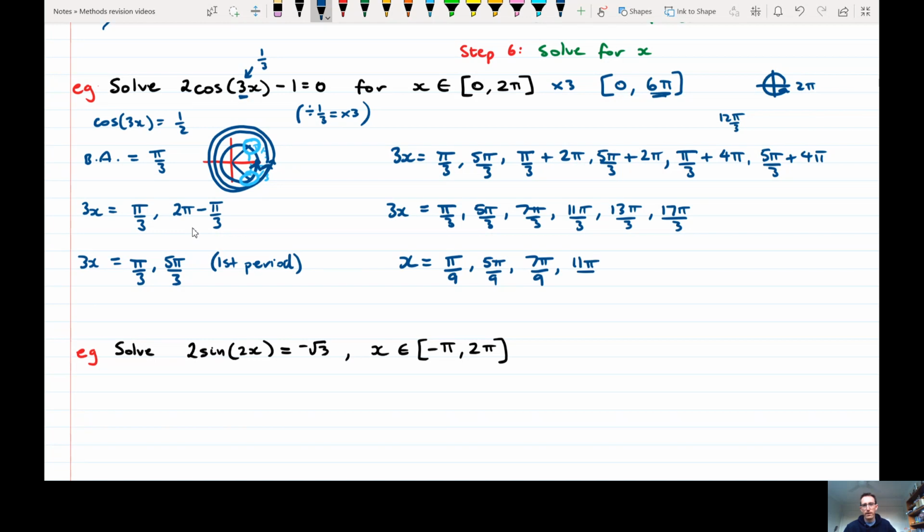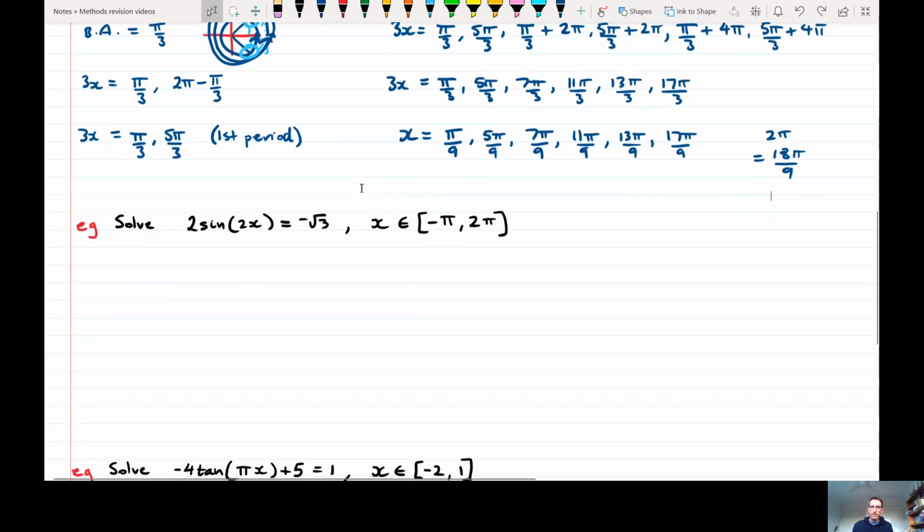So dividing by 3, and we end up with our 6 solutions there, which we can check to make sure they fit in our domain by looking at our domain up here, our actual domain in terms of ninths. Well, we can't go past 2 pi. That's the same as 18 pi over 9, which is bigger than that, so we're all good.